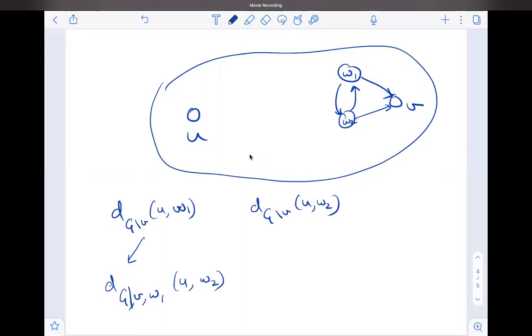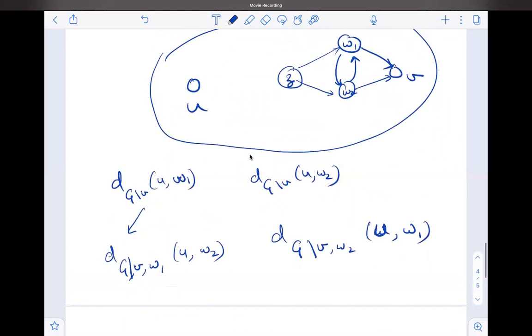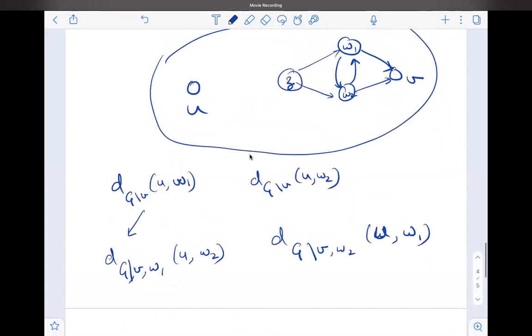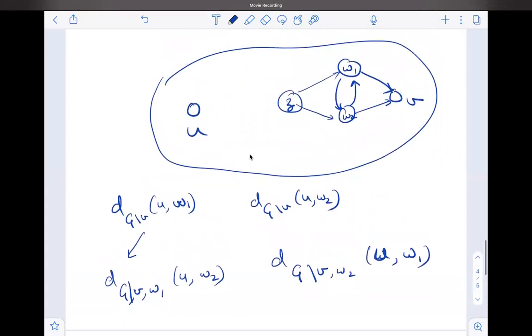And here I will do d of G minus v minus w2, of u to w1, and now I have another edge like this, z. What will the next step be? When I have to compute d of G minus v minus w1, I have to do w2.